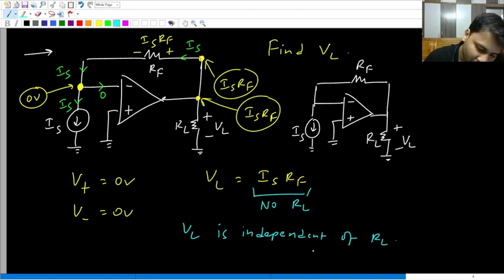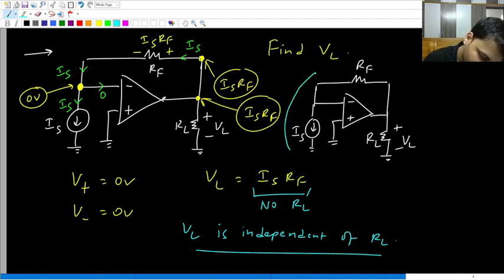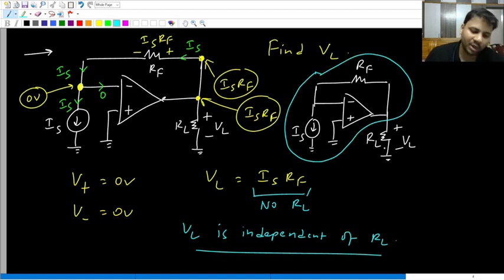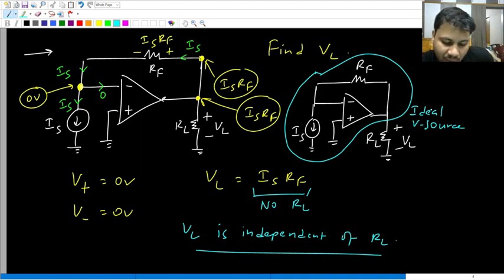And because the load voltage is independent of load resistance, with respect to load, the rest of the circuit behaves like an ideal voltage source. In the previous two circuits, with respect to load, the circuit behaved like an ideal current source because in the last two circuits, the load current was independent of load resistance, whereas in this circuit, it is the load voltage that is independent of load resistance.